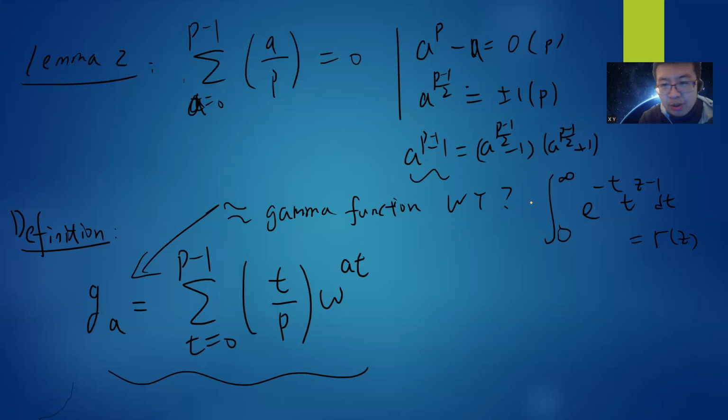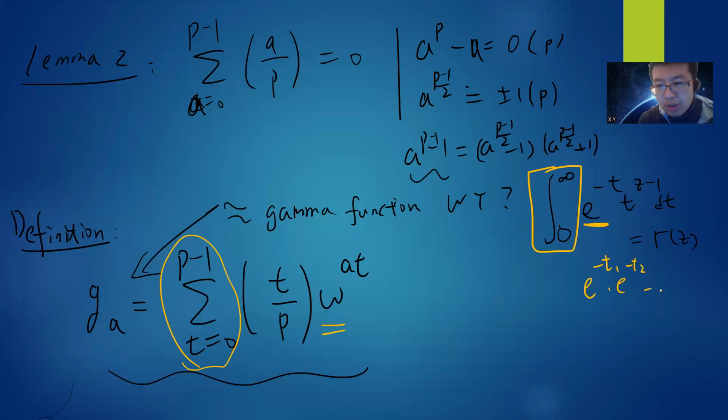Let me provide some intuition. Since this integral is from 0 to infinity, in a finite field we should use a sum like this, and this one should match with this one. The reason is that this guy is multiplicative, not exactly multiplicative, but looks like this.